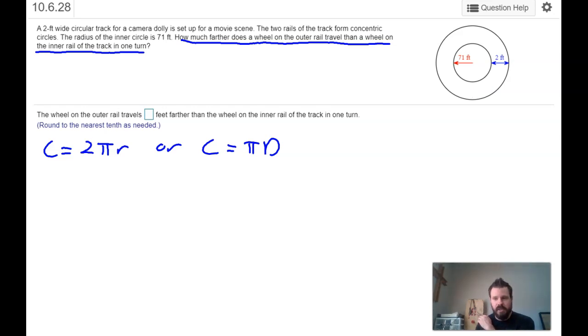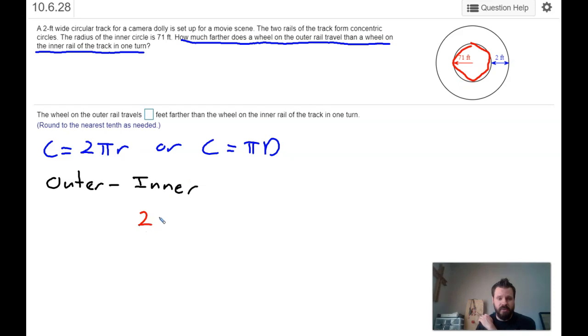So what we want to know is, basically, outer minus the inner circle. Inner circle, I'm going to start with that. That is this circle right here. Oh, that is the worst circle ever. If I want to know its circumference, I'm just going to go 2 times pi times radius, because I know the radius.